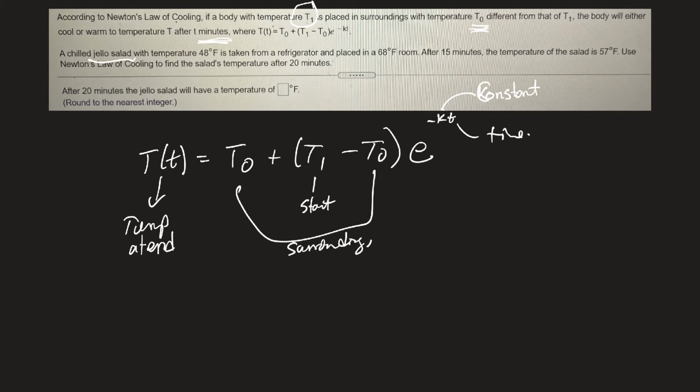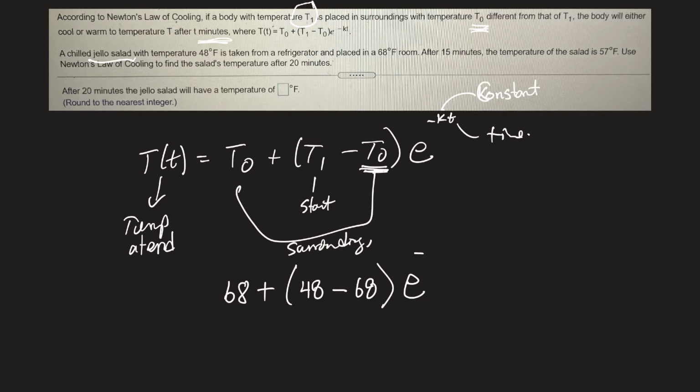So I can use this formula, but in this question, they tell me that a jello salad of temperature 48, so that's what it starts at, was taken from a fridge and placed in a 68-degree Fahrenheit room. So that's the temperature of the surroundings. So I'd have a 68 there, plus, and then e to the minus k.